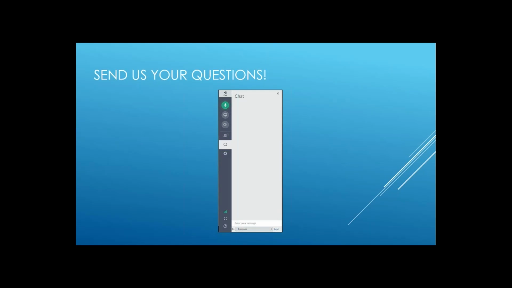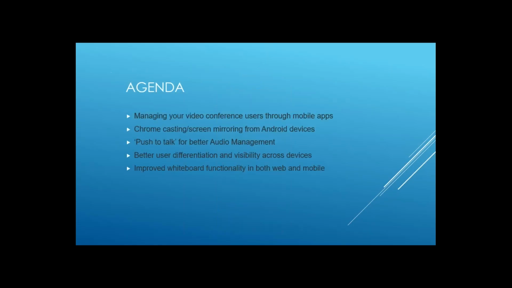But anyway, what exactly are we going to be looking at today? In terms of the agenda, we're going to be looking at managing your video conferencing users and the changes that happen around that and the redesigns. Chromecasting, to allow a full video conferencing solution from mobile, which is great.